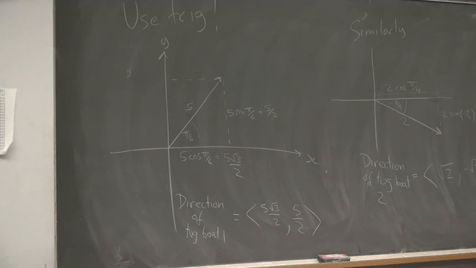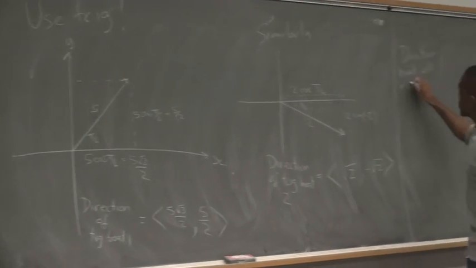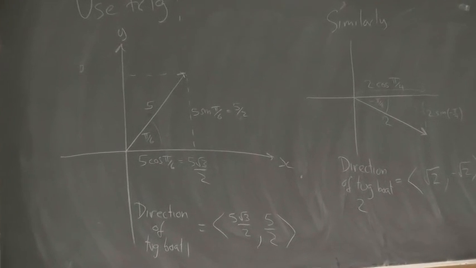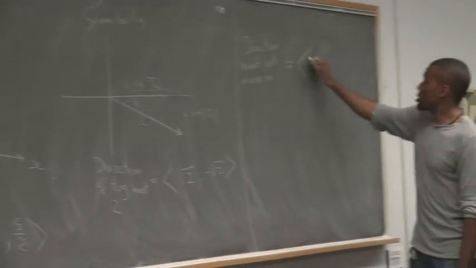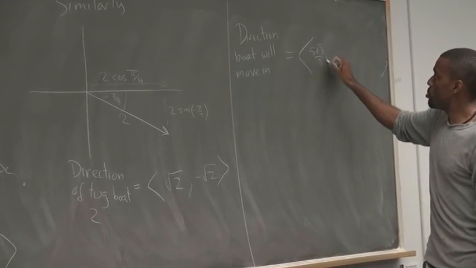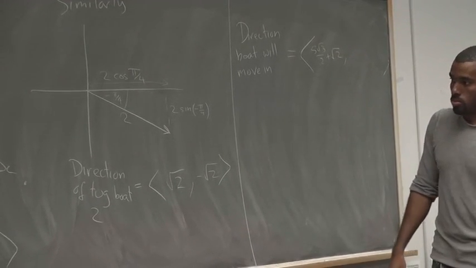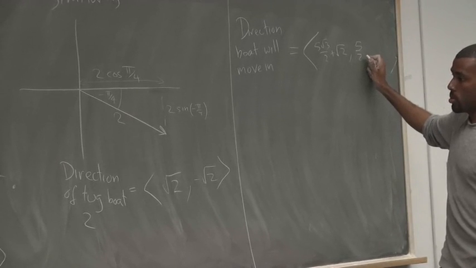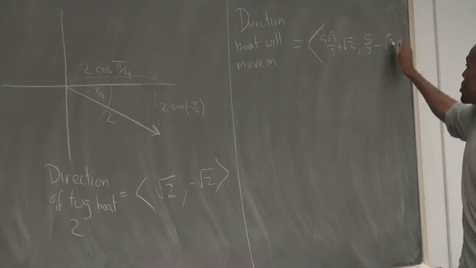So the direction the boat will move in, you just add these guys now. So it's 5 radical 3 over 2 plus radical 2, and 5 over 2 minus radical 2.